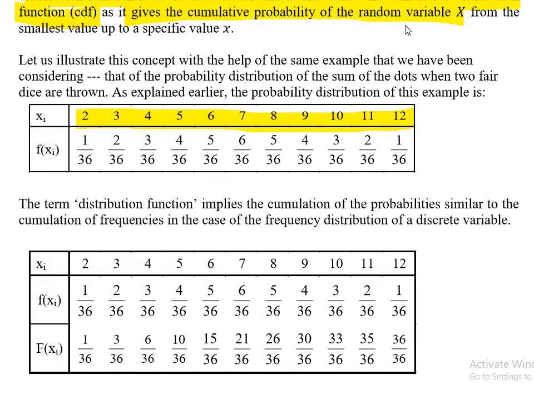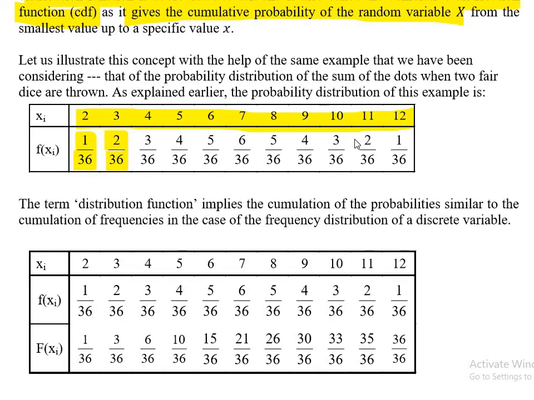And if you go back to the previous lecture, we found out the probabilities as well. The probability that the sum is 2 is 1 over 36. The probability that the sum is 3 is 2 by 36, and so on, right? So we have all these probabilities.